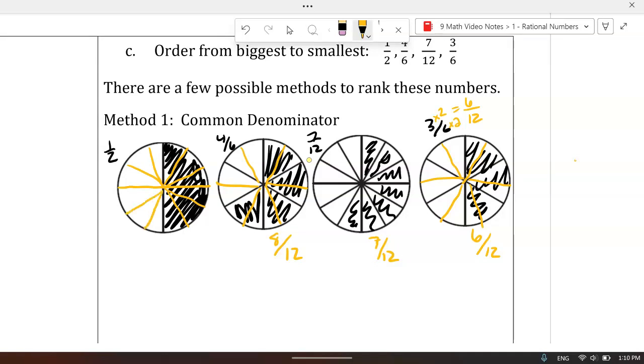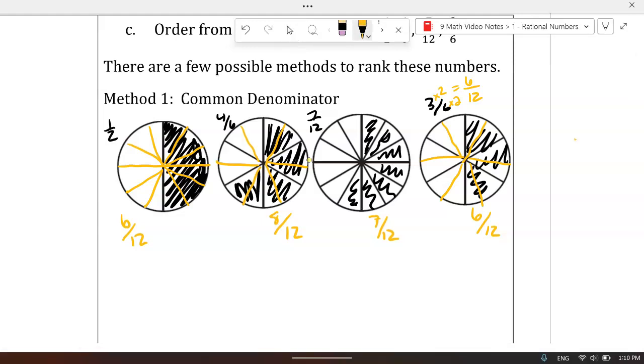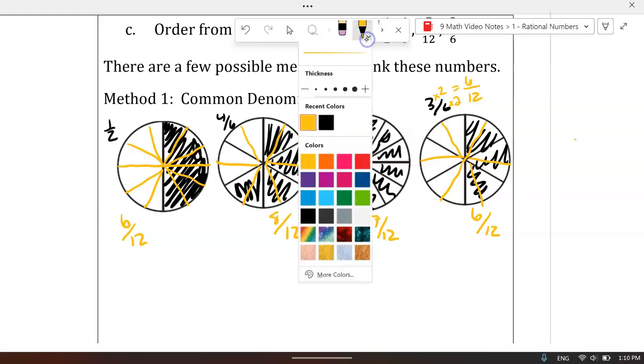Look, now I have 12. 1, 2, 3, 4, 5, 6, 7, 8, 9, 10, 11, 12. Perfect. And so instead of 1/2, I have 1, 2, 3, 4, 5, 6, 6/12. So we can really see visually how much of the circle is colored in, and symbolically that we can definitely rank these from biggest to smallest.